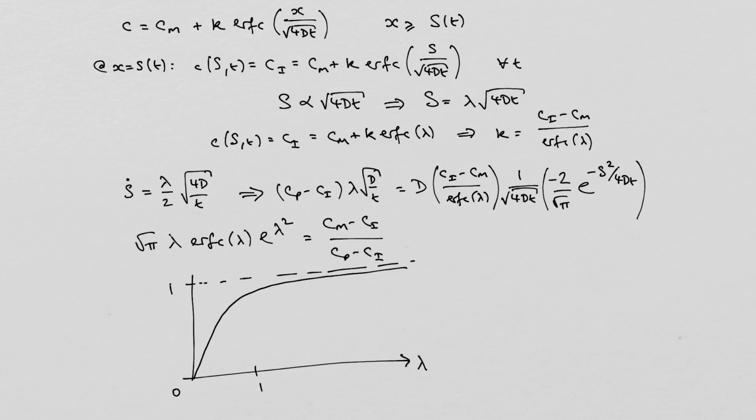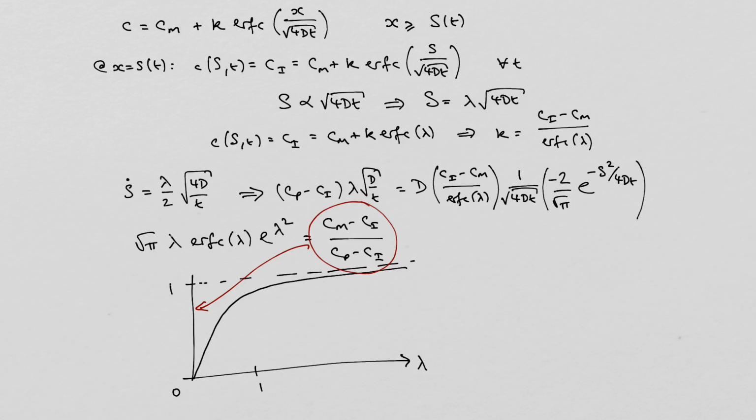What you can see is that there will be a solution to this as long as this quantity lies between 0 and 1. If the right-hand side lies between 0 and 1, then there is a value of lambda which solves that equation, and that then tells you how the system behaves.